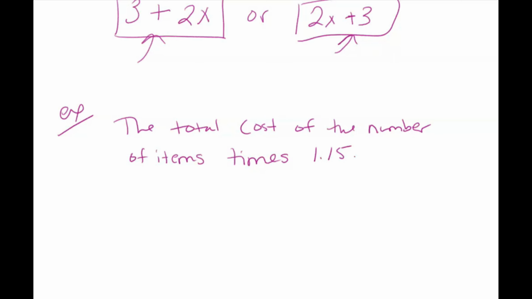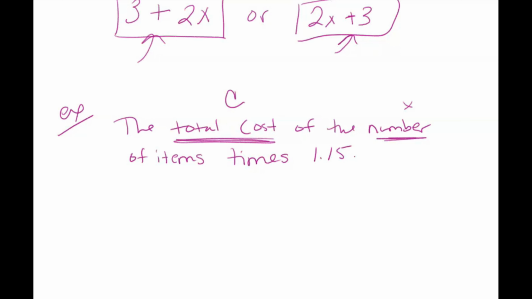So first we have something like the total cost, right? So we're going to be putting something together, and we're going to get a number, and it's going to represent our total cost. So for that, I think I'm going to use a big C to represent total cost. And then of a number, again, I need to assign a number. I'm going to use the letter X.